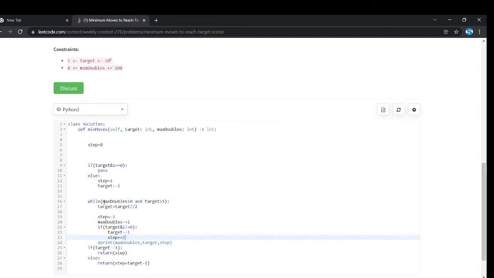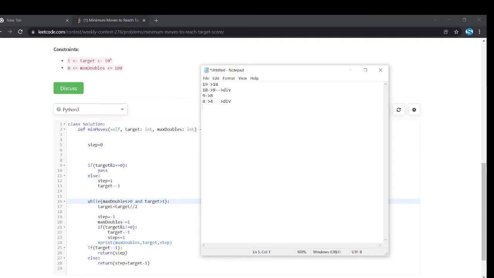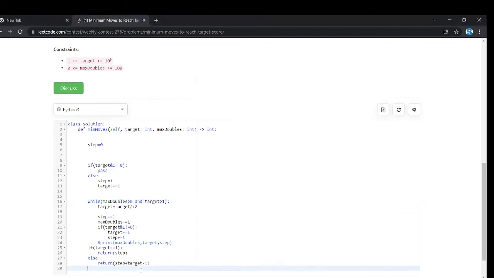Since we have added this condition, now we have reached 4, and the number of steps taken to reach 4 is 4. Now from 4 to 1 we can only perform one operation, and that is the decrement operation. The number of steps required will be nothing but their difference, which is 4 minus 1.